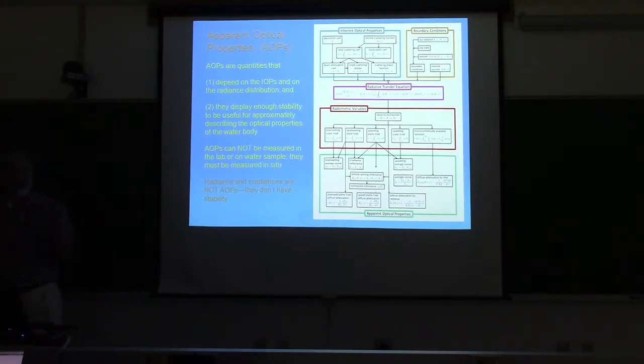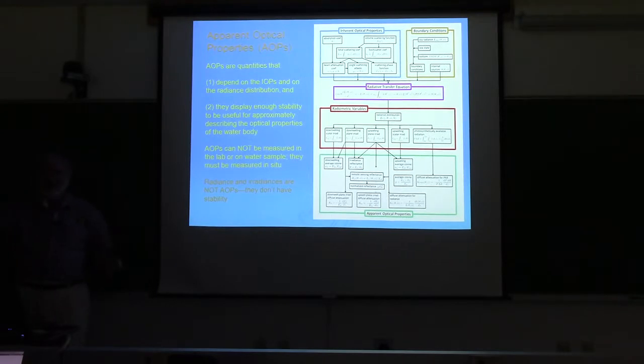So think of an irradiance. An irradiance depends on the ambient radiance distribution. Well, is that an AOP? It only satisfies the first half of the definition. There's no stability in an irradiance because you go out, it's sunny, you measure the irradiance, here it is. 5 minutes later, a cloud goes over the sky, you measure the irradiance, it's an order of magnitude less.